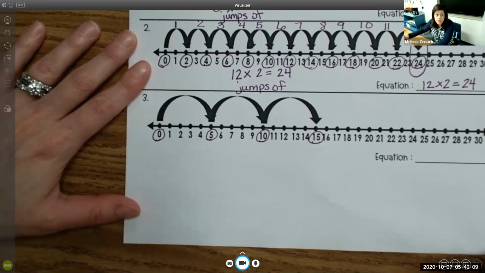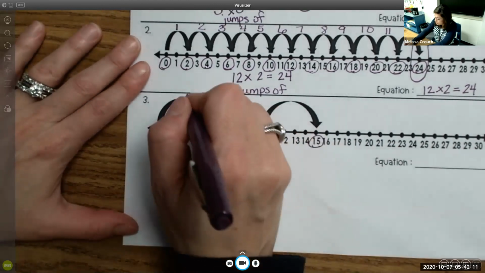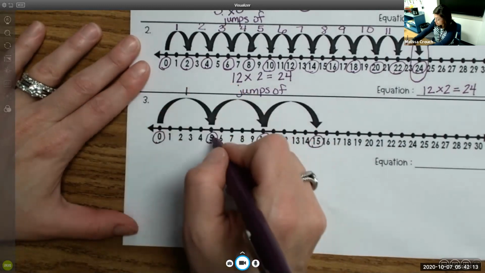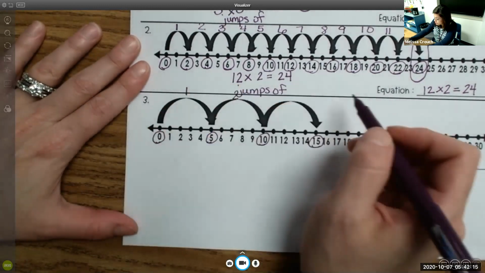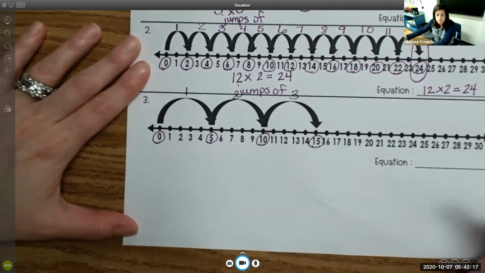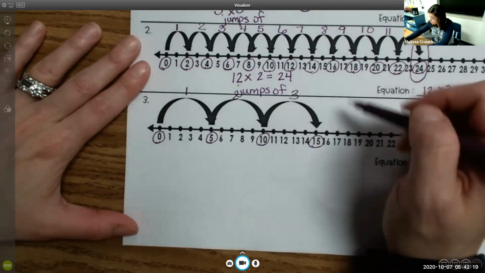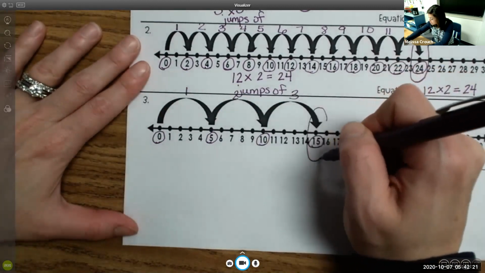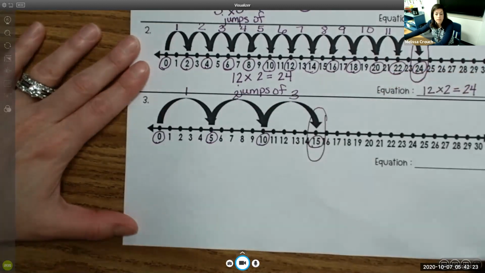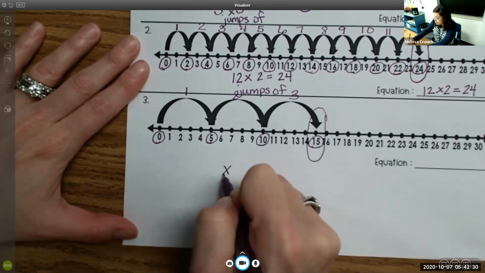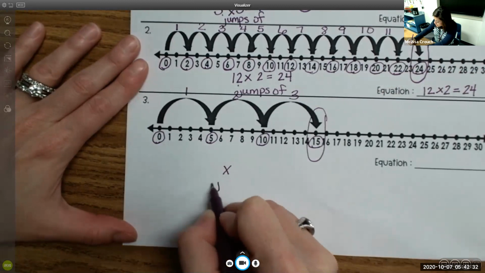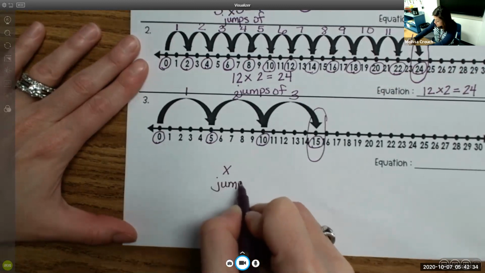Okay, now let's figure out how many jumps. We made 1 jump, 2, 3. And our final jump left us on the number 15. Okay, so now let's put it into an equation. Remember, our multiplication symbol means jumps of.